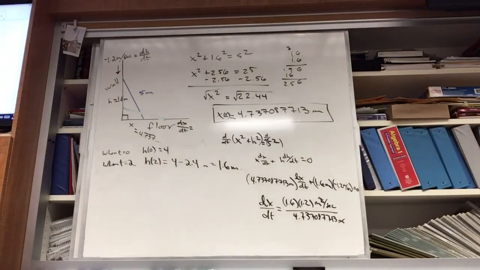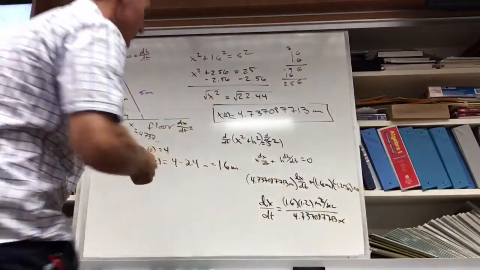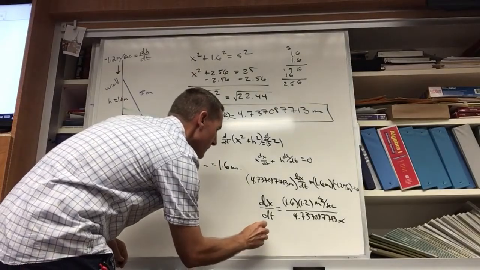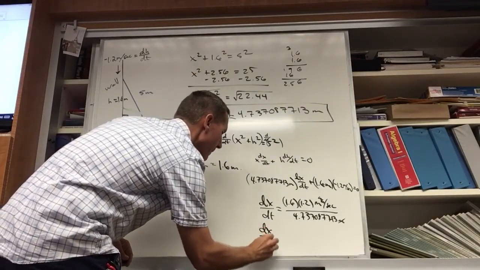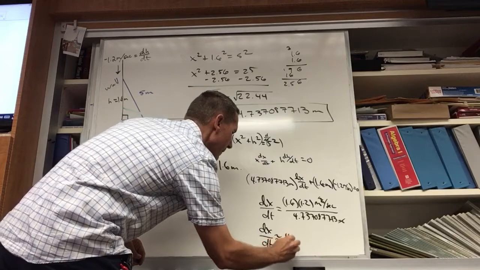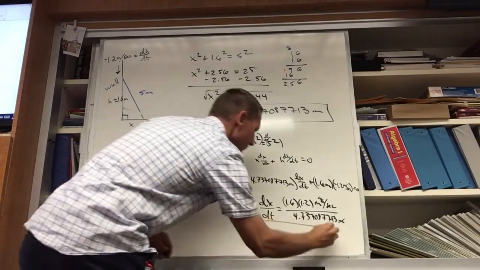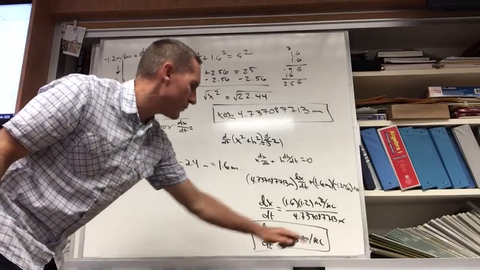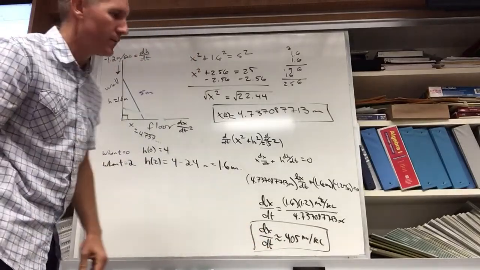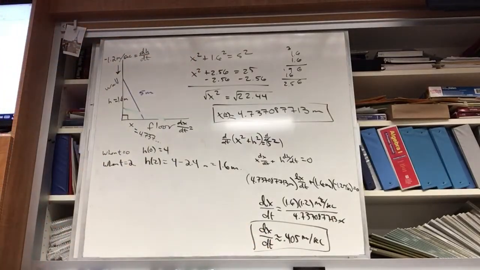So 0.405 meters per second. And again, I put approximately 0.405 because I truncated to 3 digits to the right of the decimal point, which is what the AP exam wants.